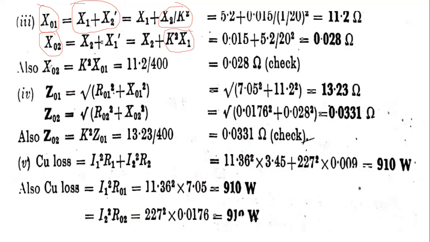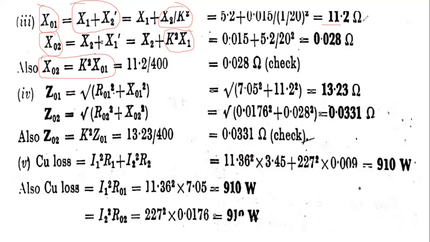Also, we have another formula for determining X02. Therefore, X02 is equal to K square into X01, where K is the transformation ratio and X01 is the equivalent reactance referred to primary.